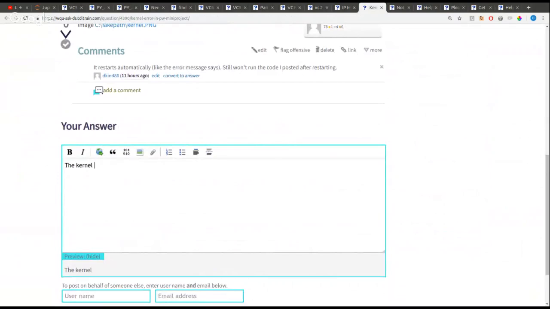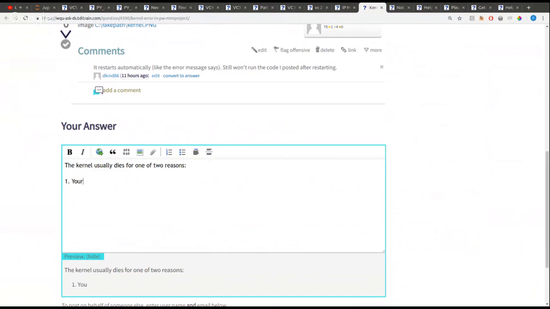The kernel usually dies for one of two reasons. One, your server is out of memory.